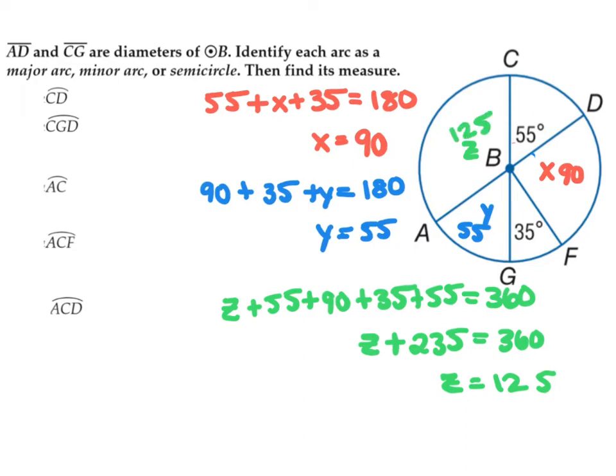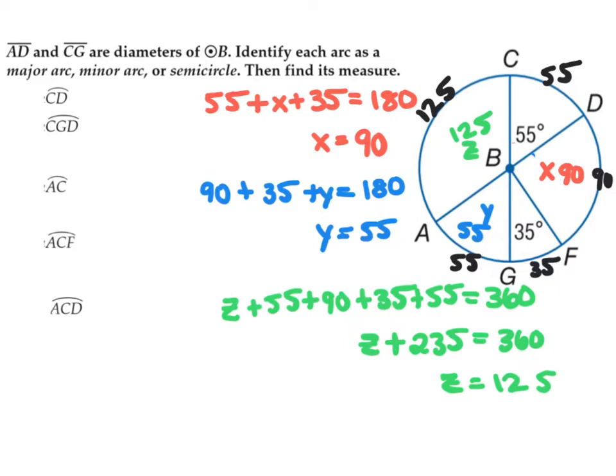Now, regardless of which method we have, I can now use the fact that this arc is 125, this arc is 55, this arc is 90, this arc is 35, and this arc is 55. So now erasing my work, so I'm just focusing on the problems.